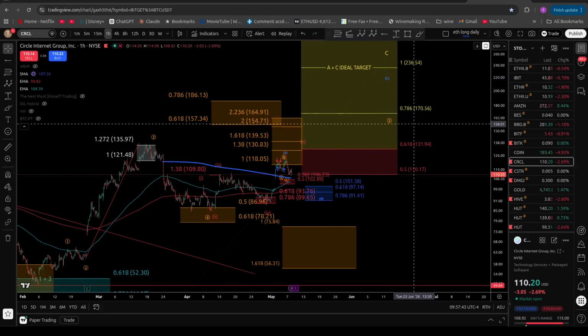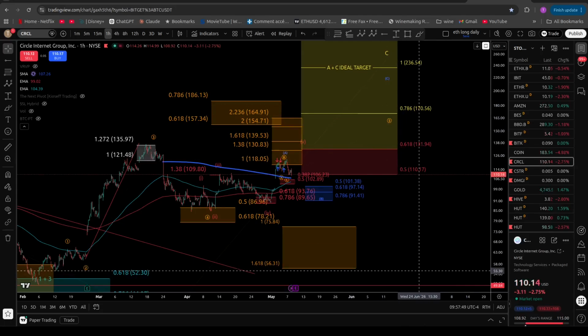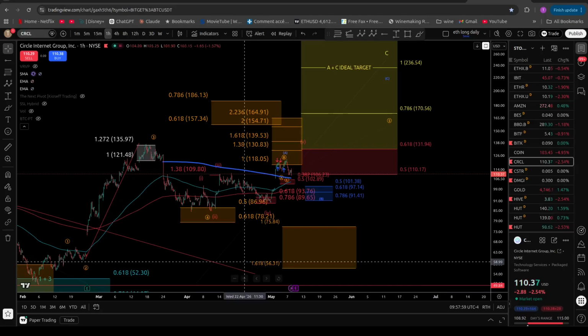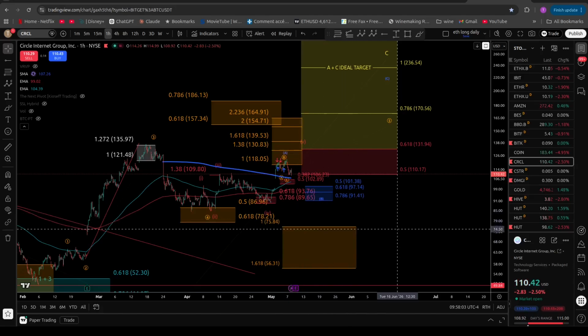So it does make sense that we're going to go lower until next year. Maybe the end of this year, maybe the end or beginning of next year, we should see the low around, I would say, November and February.